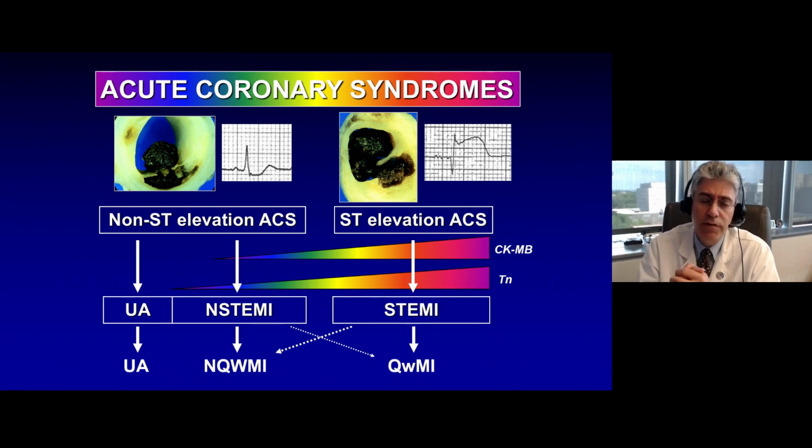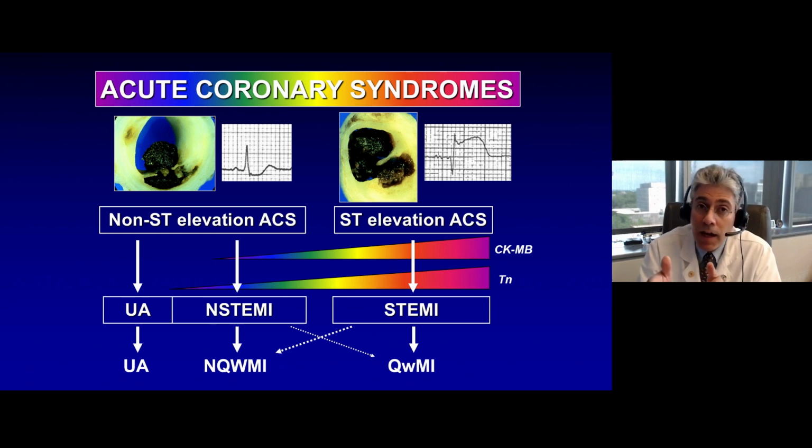So that's relatively straightforward. On the left-hand side, I show you another cross-section of a coronary artery, again with plaque rupture, but here with a subtotal occlusion of the coronary artery. To the immediate right of that, you can see an ECG that shows ST segment depression. And so this has us in the realm of the non-ST elevation acute coronary syndromes.